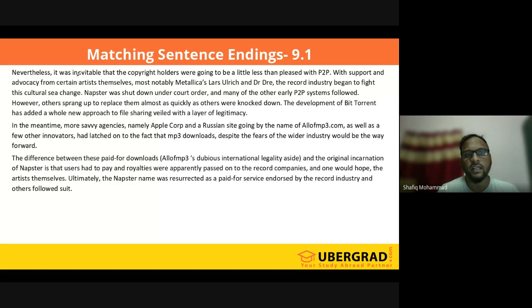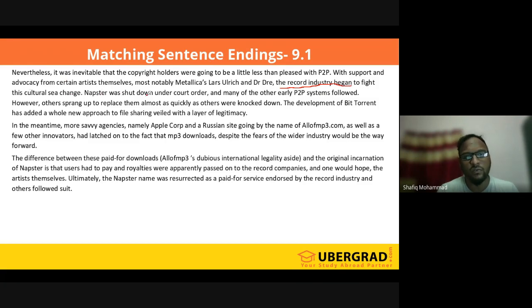Nevertheless, it is inevitable that the copyright holders were going to be a little less than pleased with the P2P, with the support and the advocacy of certain artists themselves, but mostly the record industry. Yes, here we have the record industry, the keyword, began to fight the cultural sea.